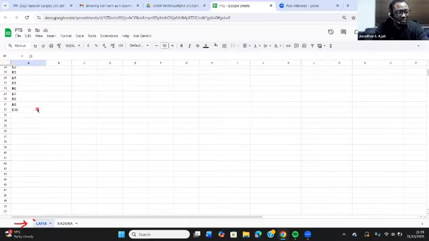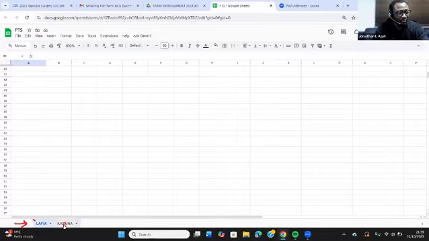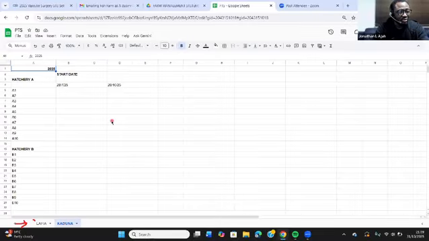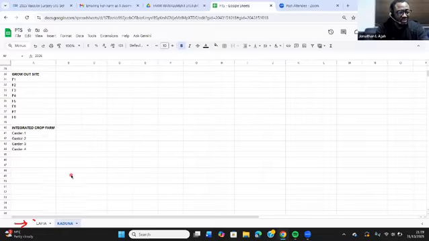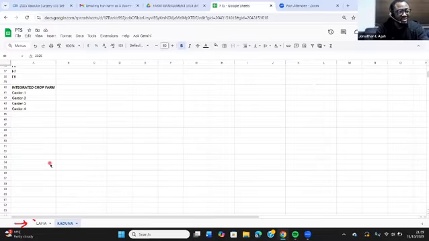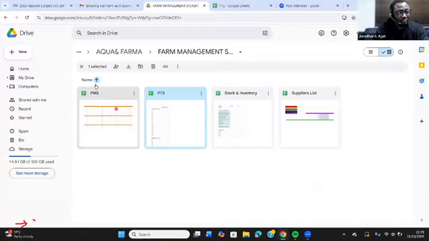The same thing goes for site 2. And in Kaduna, the dates of production have to be collected, as well as for the integrated crop farm. So that's a summary of the data we collect.